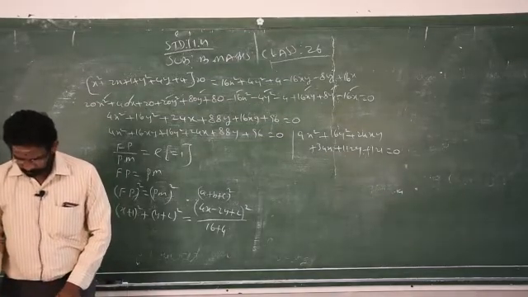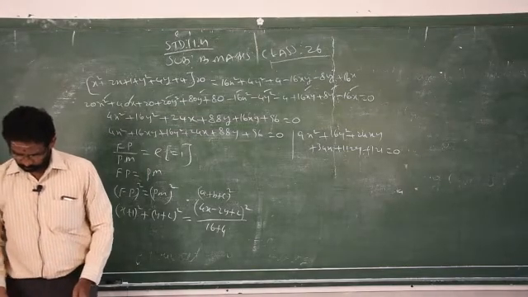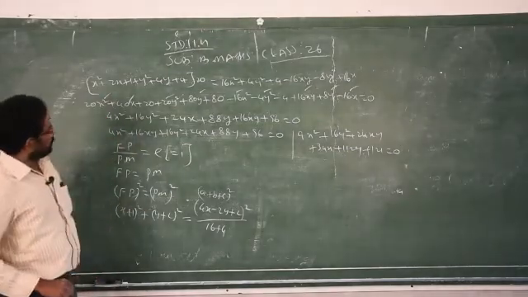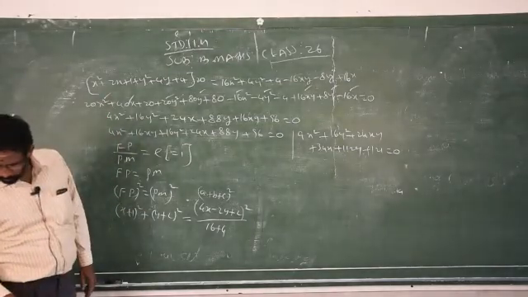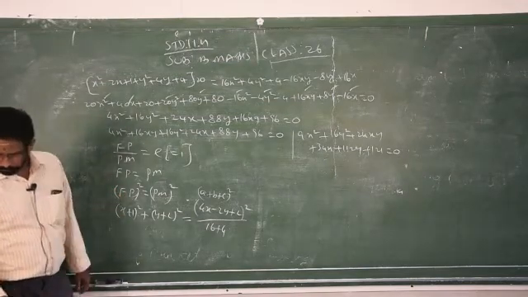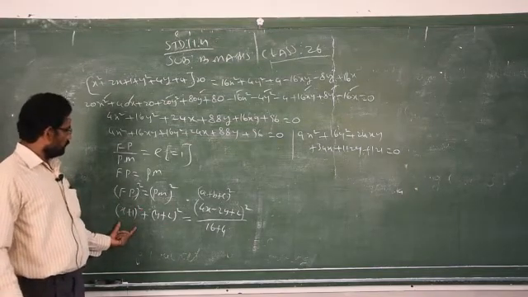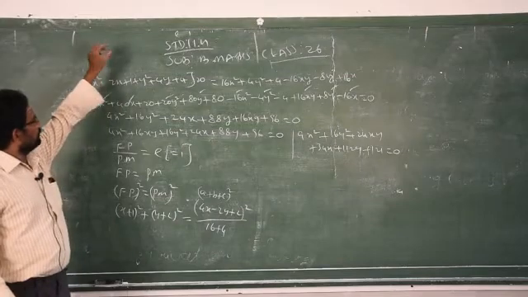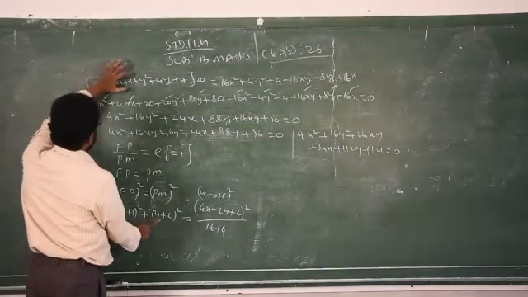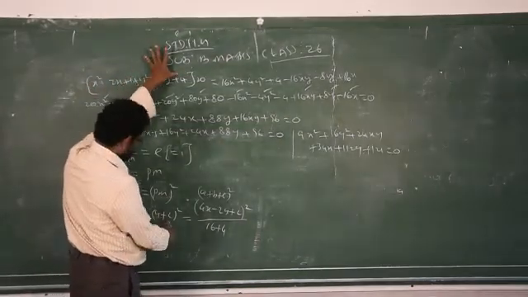Where is that exercise? (4x minus 2y plus 2). Here x minus x plus 1 y plus 2, the whole square. Expand: x square, 2ab, y, b square.